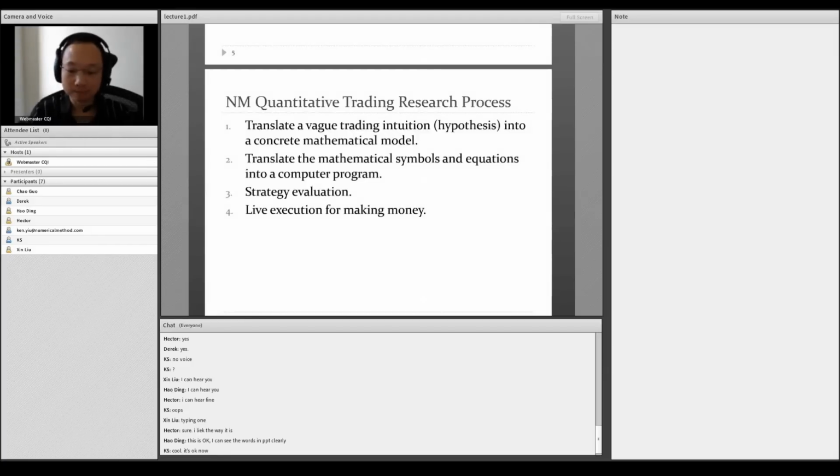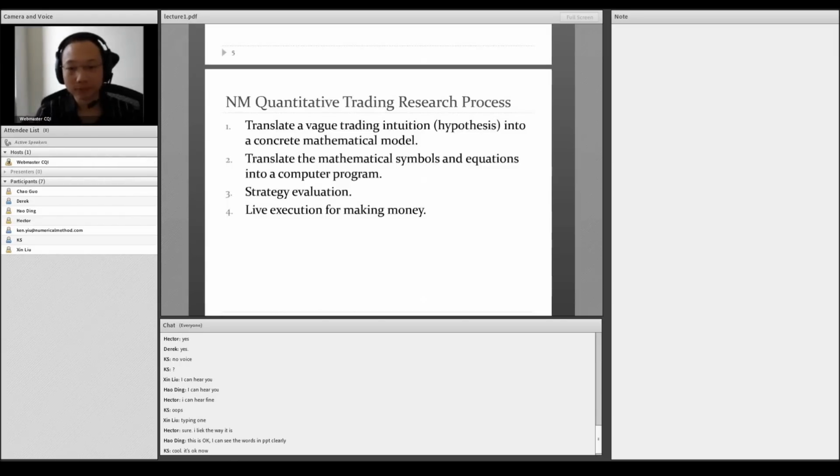It's not a very concrete trading strategy, right? Because you don't know what high and low mean. But if you can translate this very weak hypothesis into mathematical models, then you are making everything very concrete, and only then can you do mathematical analysis.